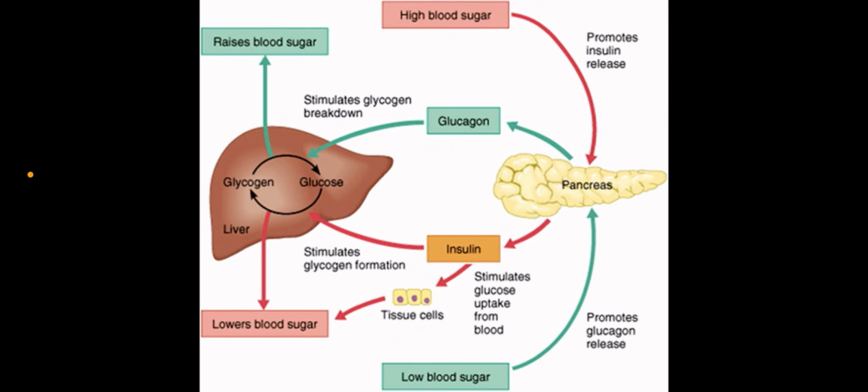Now, blood glucose regulation is in fact negative feedback. Glucose is in the blood plasma, and if we have a low blood glucose concentration, this raises the water potential of the blood plasma. So water moves out by osmosis into nearby cells, for example red blood cells, down its water potential gradient.